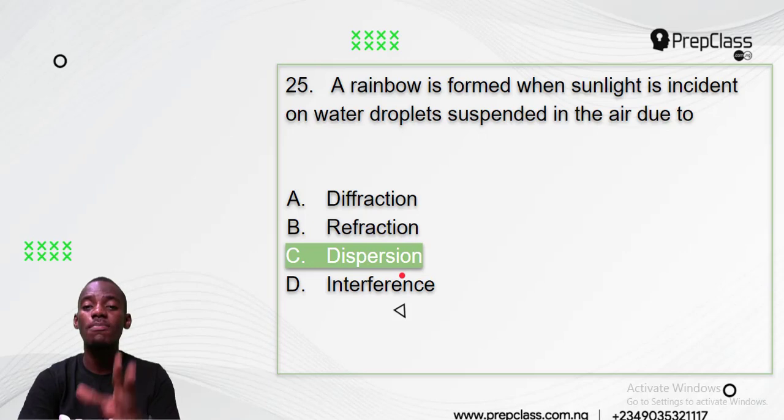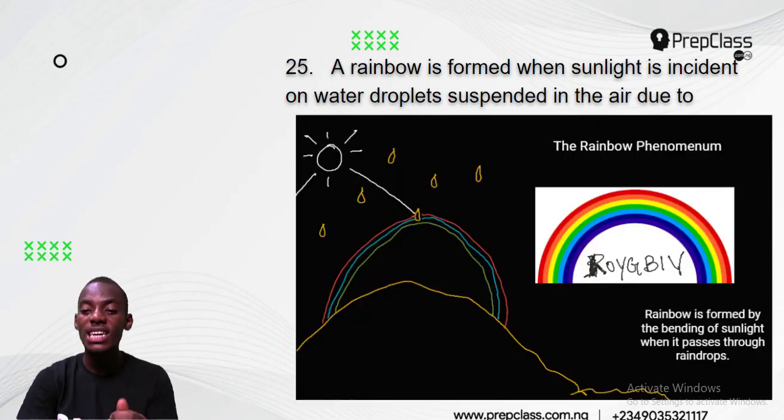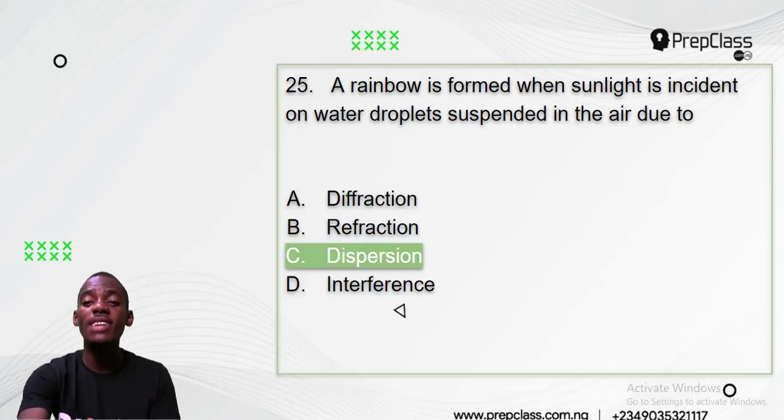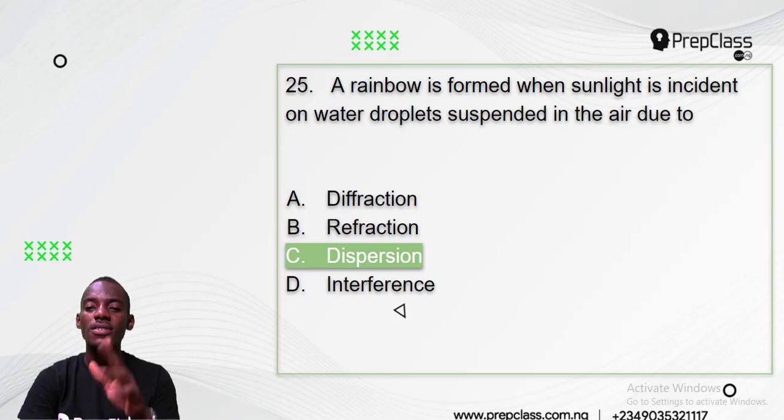However, the splitting of light is dispersion. What you have there is dispersion. But the process inside is refraction. It is caused by refraction. The question says a rainbow is formed when sunlight is on water suspended in the air due to what? The answer to that question is not dispersion. Dispersion is what you will see in the past question.